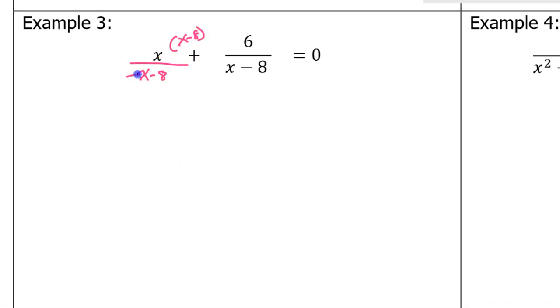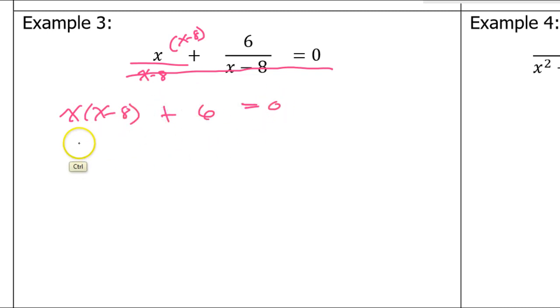Once I have these like denominators, I can cancel them out. So that's going to leave me with x times x minus 8 plus 6 is equal to 0. So that's x squared minus 8x plus 6 is equal to 0.